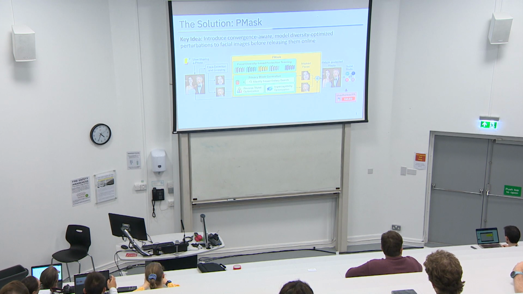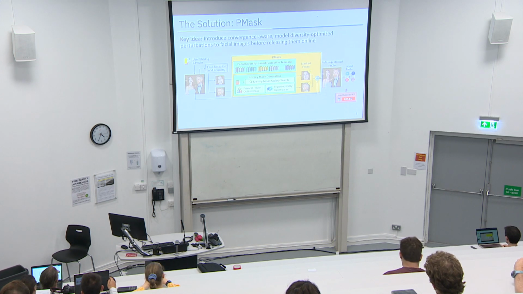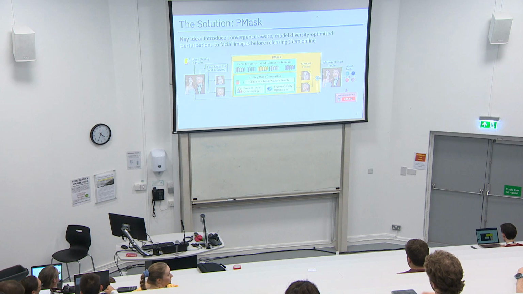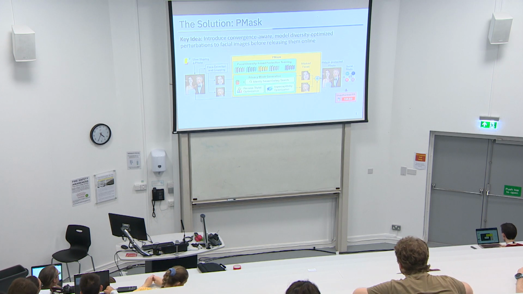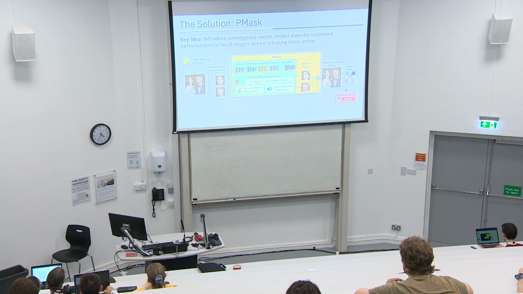The iterative process should have a clear termination condition to avoid unnecessary perturbations, degrading the visual quality, and also to save time. The learning should emphasize the generalizability to different FR models, because we have no prior assumption about which model will be used by the privacy intruder.